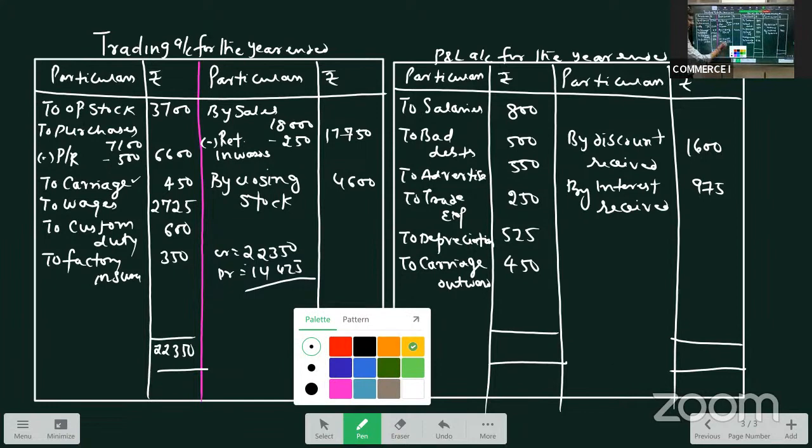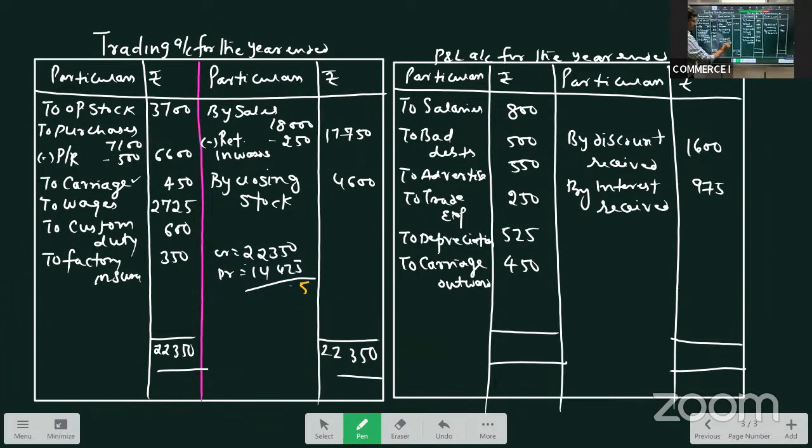Credit side minus debit side, how much is it? 7,925. What is our gross profit? 7,925. This is gross profit carried down to profit and loss account.